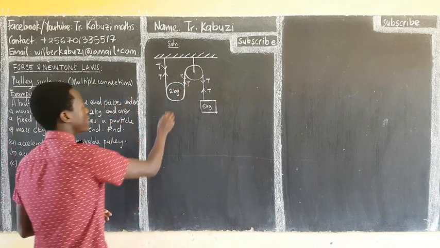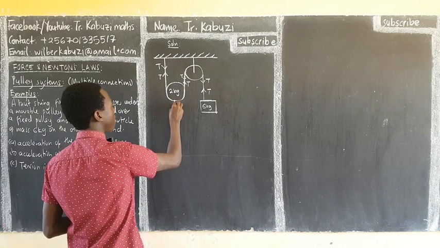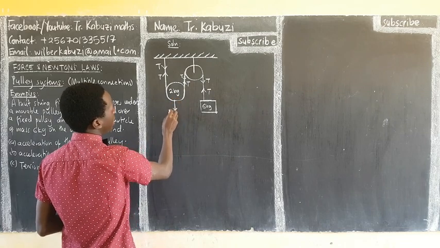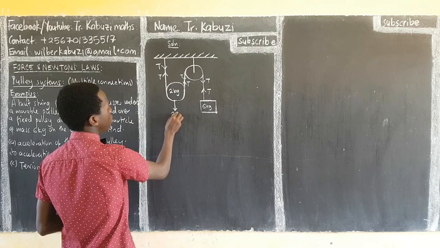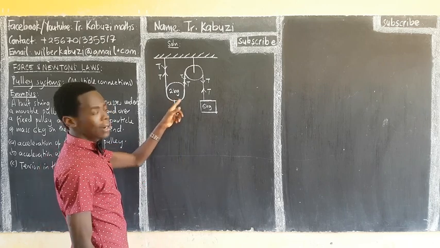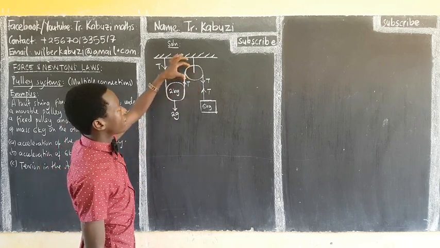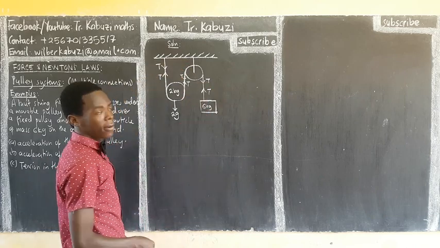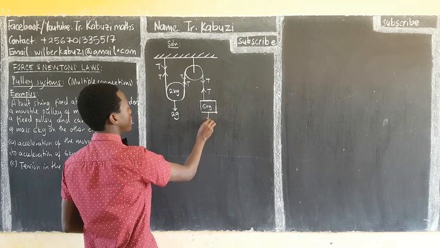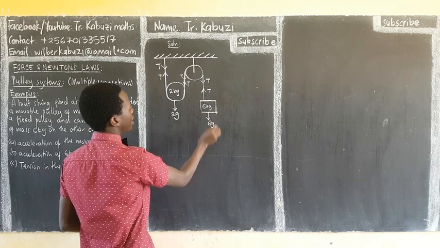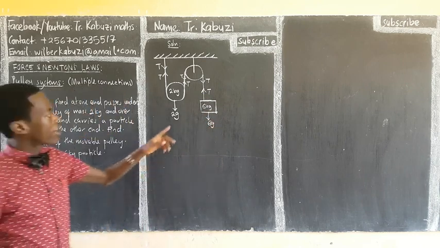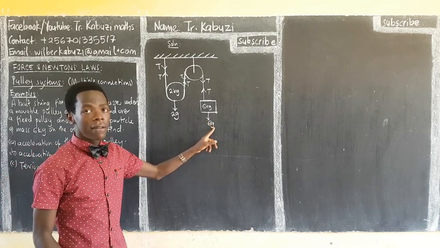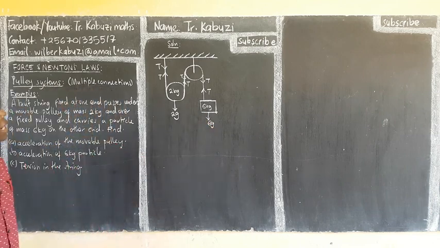Of course, because these ones have mass, we are going to have weights. This is going to be 2g, for the one which is not fixed, what we call the movable. This one is fixed, so it's not moving, but this one is moving depending on where it is accelerating. This one has weight 6g. To get the weight, we take the mass times the gravitational acceleration.